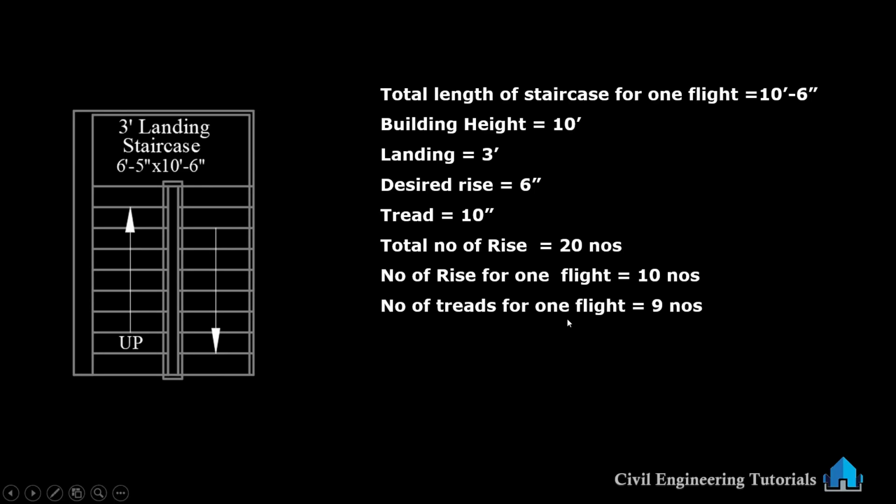Number of tread for one flight 9 numbers. And total tread in one flight 7 feet 6 inch. So these are the detailed calculations. I hope you understood how to calculate total number of rise, tread, and all details in the staircase.